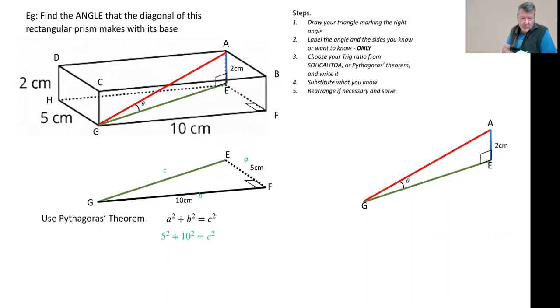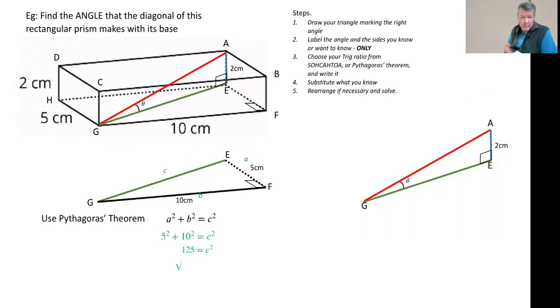5 squared plus 10 squared equals C squared. So 5 squared is 25, 10 squared is 100. So 100 plus 25, yep, is 125. So that's equal to C squared. Now, we don't want C squared, we only want C. So how do we get rid of the C squared? Right, by doing a square root. So the square root is going to be over on the other side.